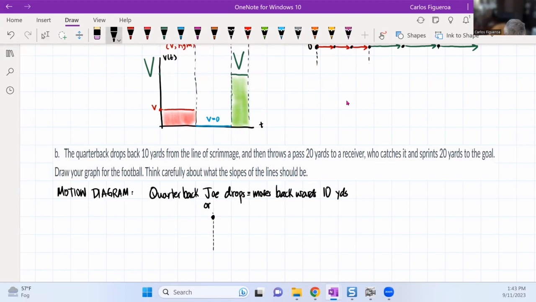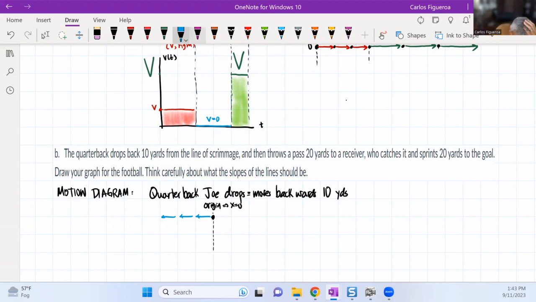So this is my origin, which is, of course, x equal to 0. So if he drops back, as far as football is concerned, he's walking back slowly. He's not running back. So let's say here is that now I'm going in this direction to right here, let's say.